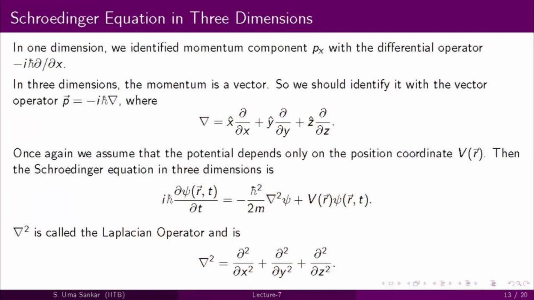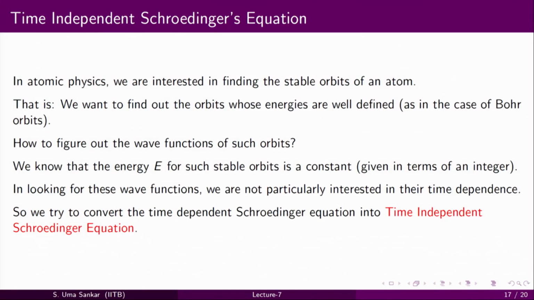The Schrödinger's equation that I have talked about before is called the time dependent Schrödinger's equation because we are considering the wave function to be a function of both space and time, and there is an explicit time derivative sitting there. But quite often we are interested in what is called time independent solutions to Schrödinger's equation.